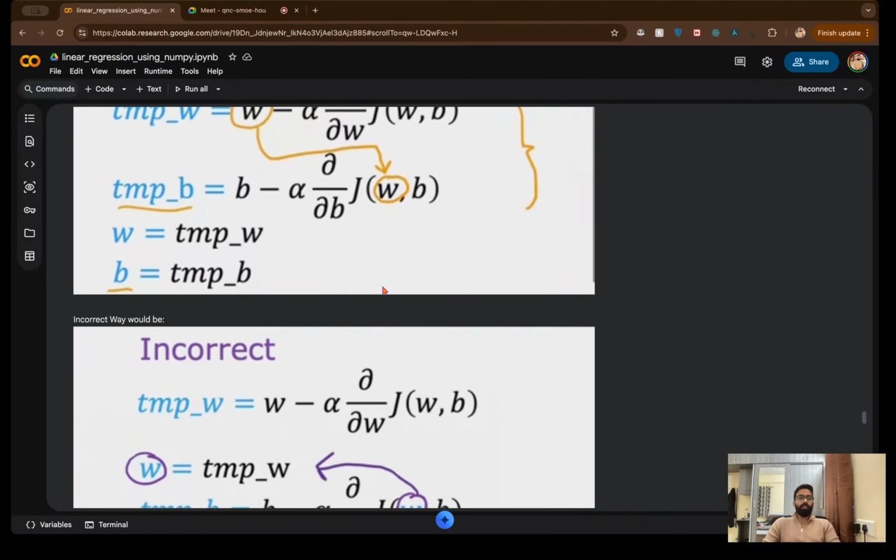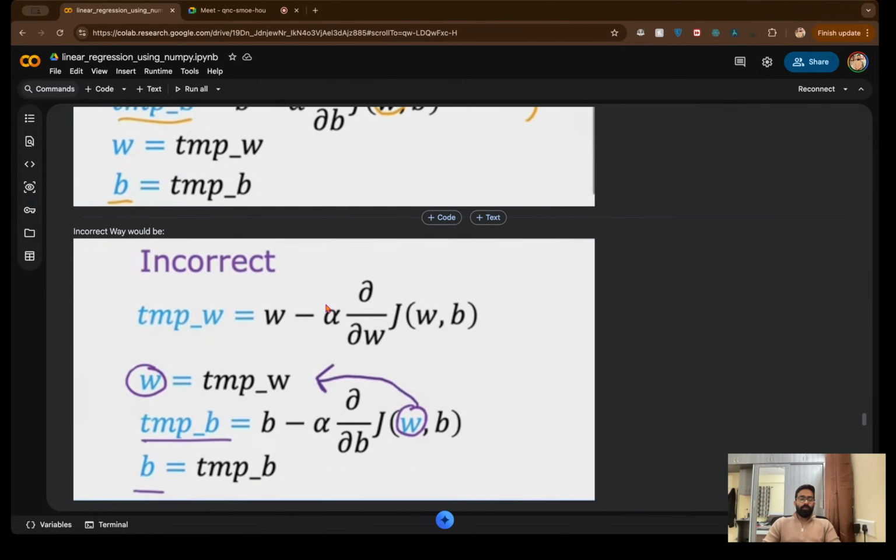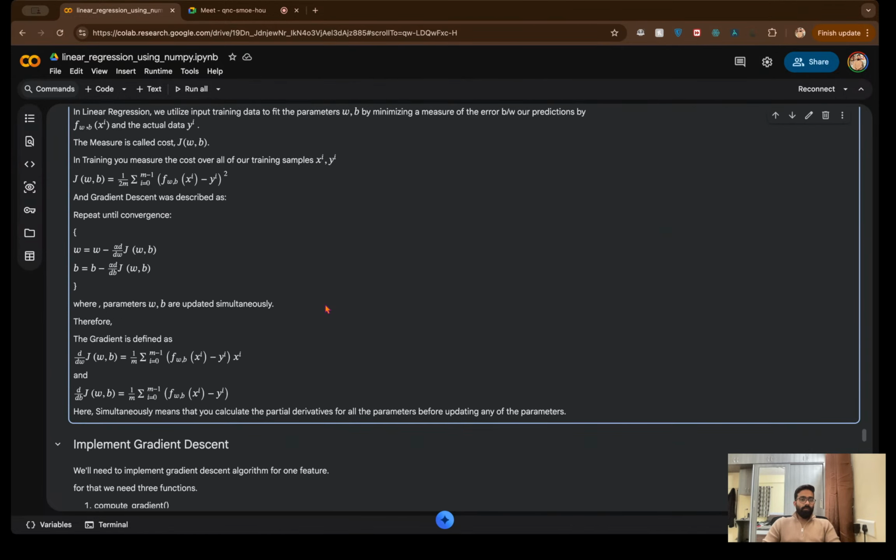We are reducing it. We are taking a small step. And how does it go to convergence? It will check the values of w and b and calculate the loss. If the loss is greater than the previous one, it will not consider it. If the loss is less, it will consider it, and then move forward. That's how it works.